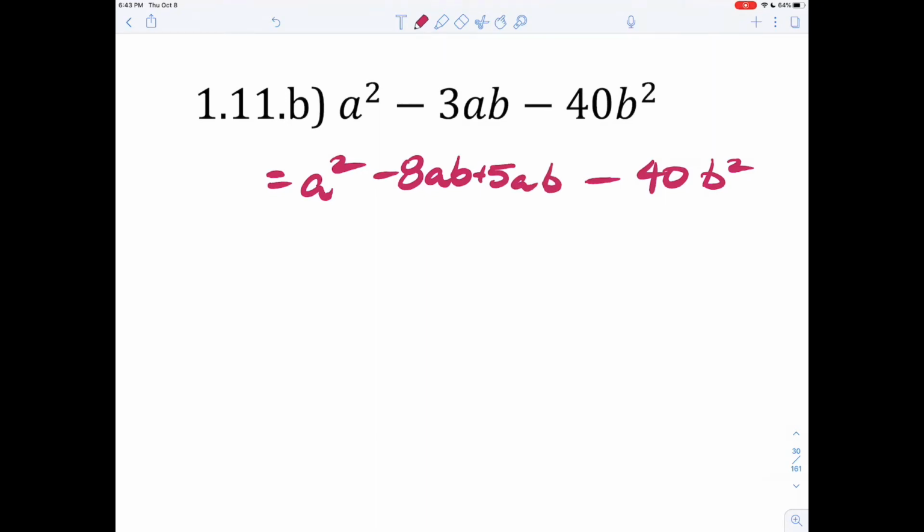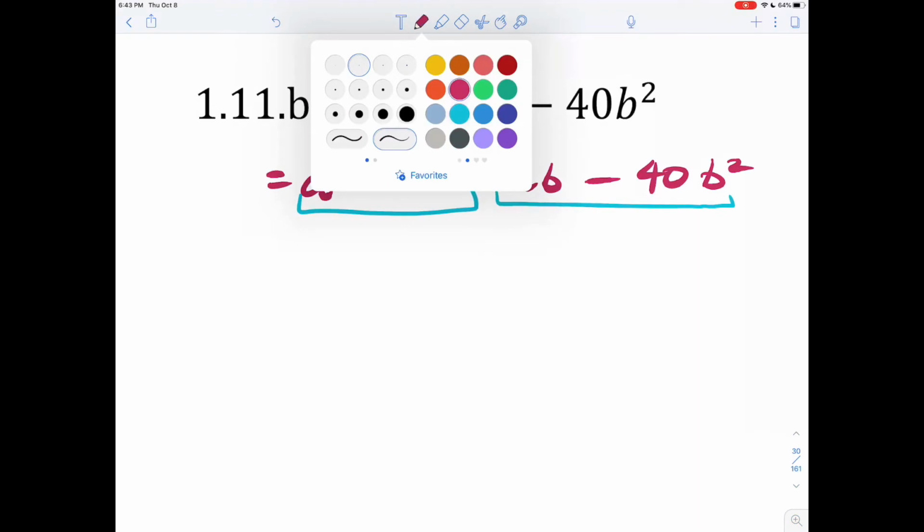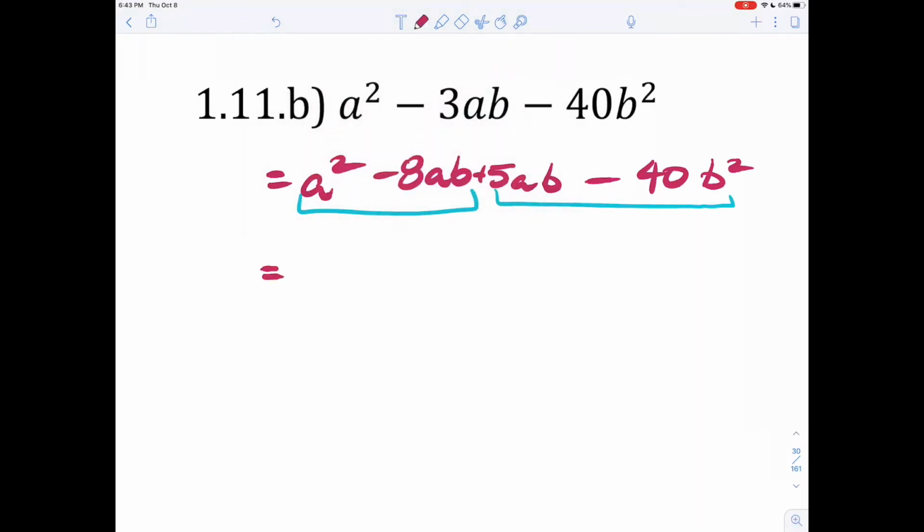And that's how I'll break that one up. And again, partial factoring of each pair. I've got a common a, leaving with a minus 8b.